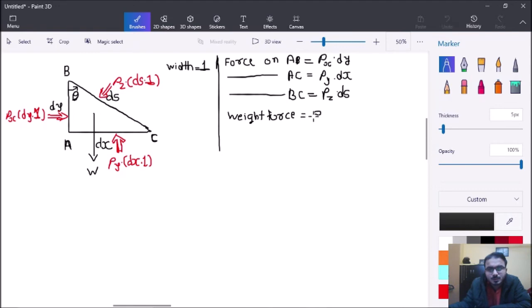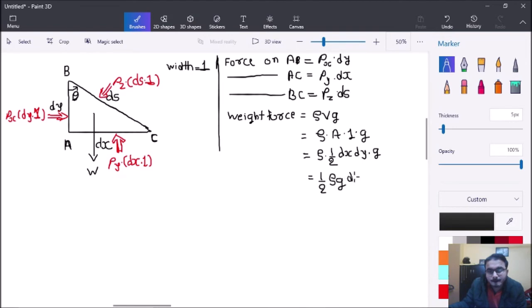Which is equal to rho V and G. Which is equal to rho into, instead of volume we can say area, into the width is 1 into G, so is equal to rho into half dx dy into G. So we can simplify this as half rho G dx dy.